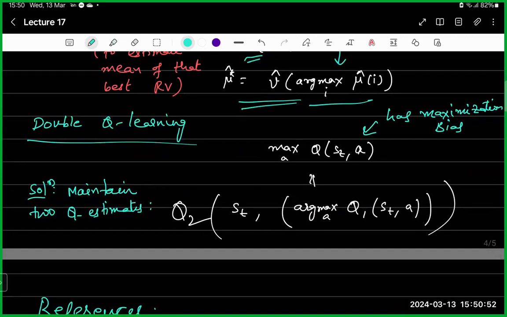Both are estimates of Q star. So now, instead of using this update rule, we use this one, where you decide which is the best action based on the estimate of Q1, and then you get the actual Q value from Q2.